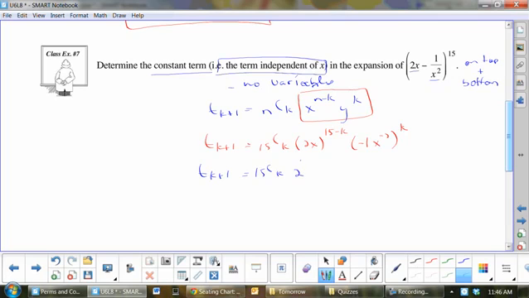So that'd be 2 to the 15 minus k, x to the 15 minus k. And that's negative 1. I'll put brackets around these, it's probably better. Negative 1 to the k, and x to the negative 2 times k is negative 2k.